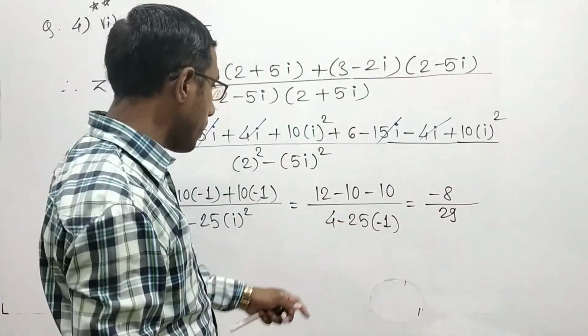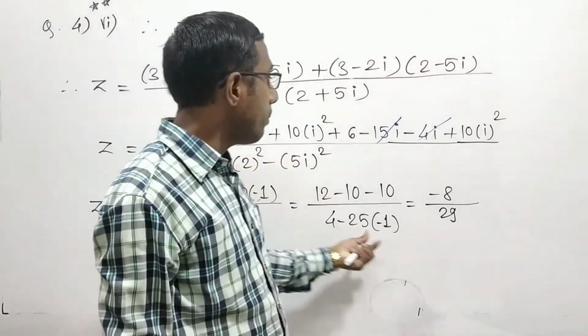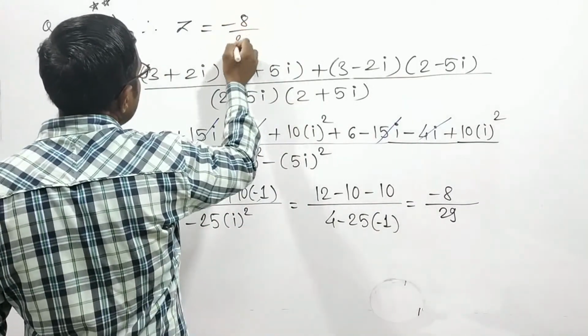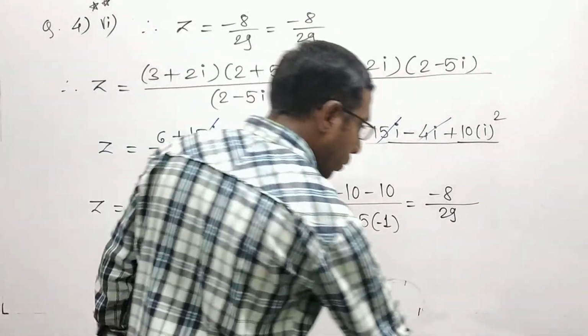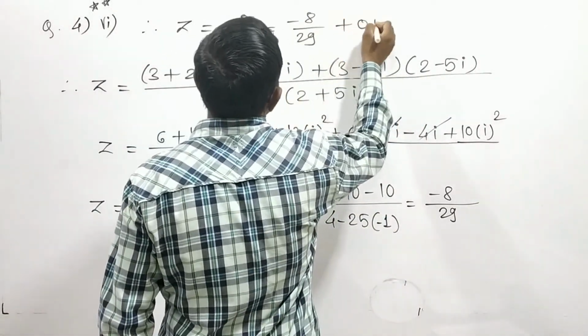So from this calculation, the imaginary part is removed. So it is minus 8 by 29, which can be written as minus 8 by 29 plus 0i.